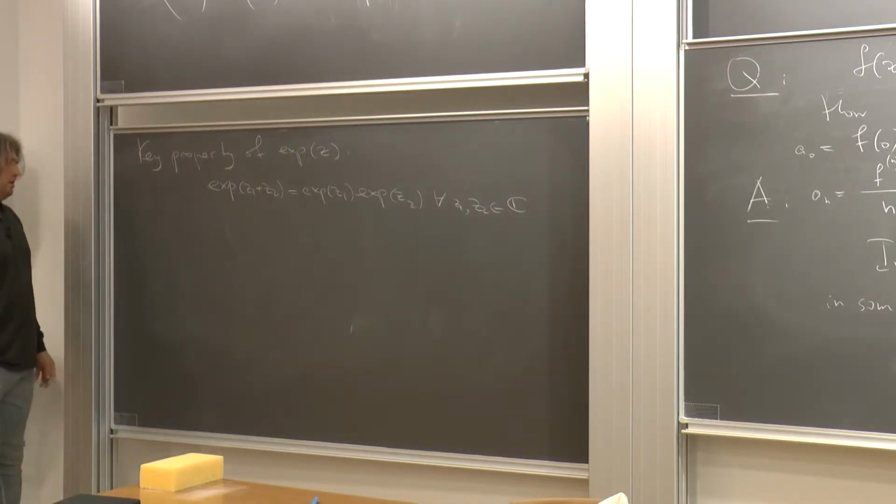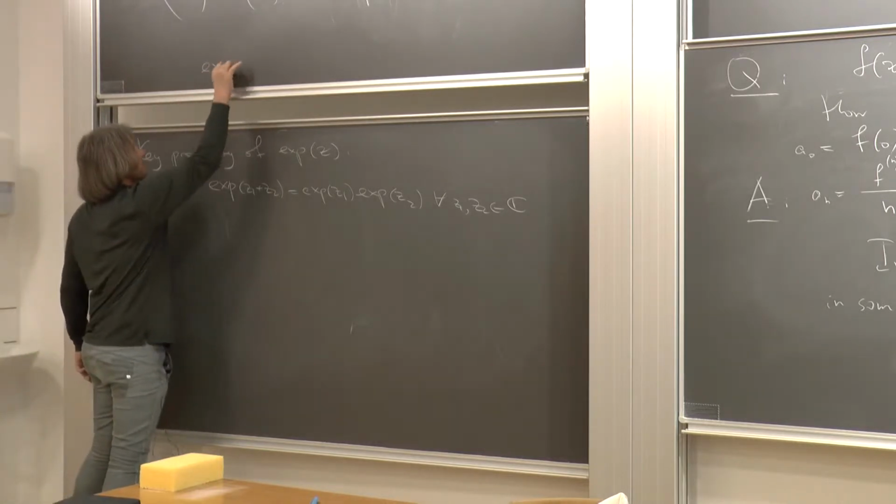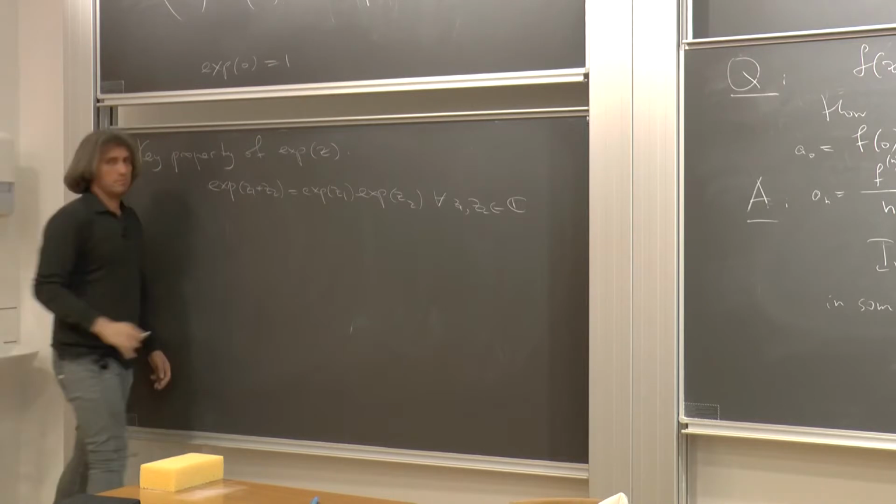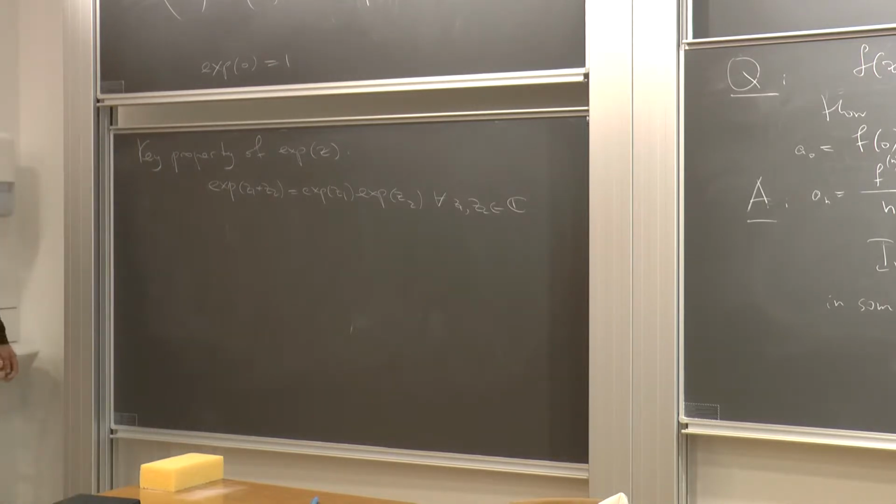We didn't write that the exponential function at 0 certainly equals 1, but this is clear from the beginning term.